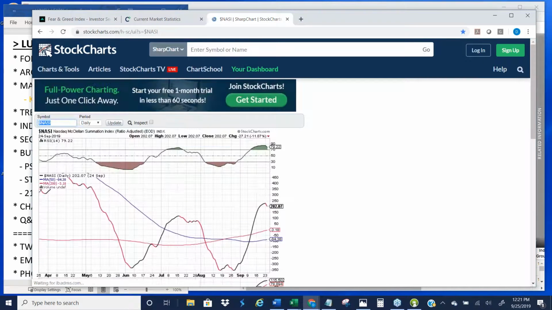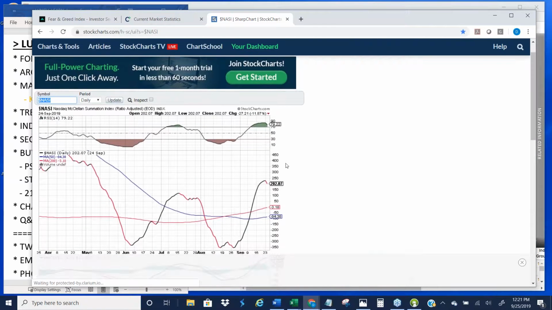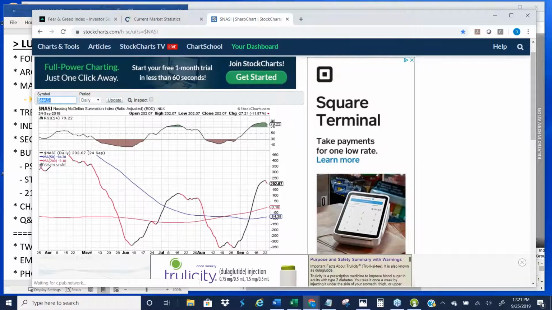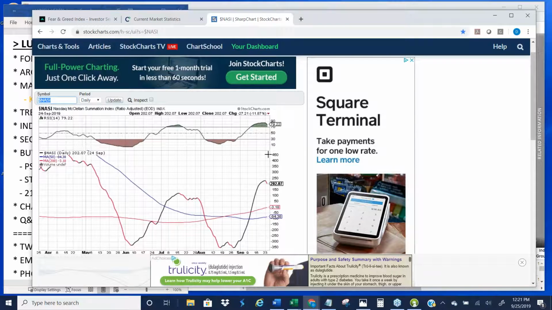McClellan summation index. This is for the NASDAQ, and this is another indicator that's a matter of is the wind at your back or the wind in your face. We've been overbought for a while in it, so this moved very similar to the way the Fear and Greed Index did. We had a hook down yesterday. Sometimes when you get the hook down, it's a false move. Sometimes it's not.